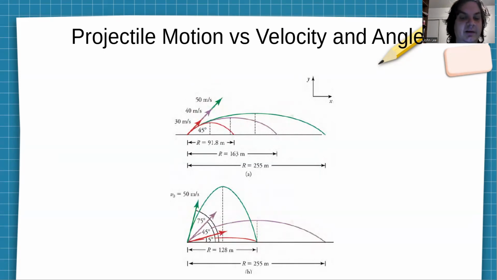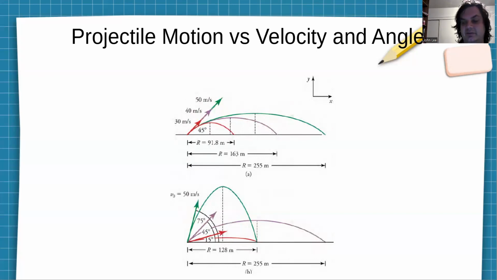Because 15 degrees is going faster in the x direction, so it covers ground really fast, but doesn't have a chance to get as high. Whereas the 75 degrees is going really high, so it's spending a lot of time in the air, even though it isn't going faster than the 15-degree ones in the x direction. Therefore, both of these end up canceling out.